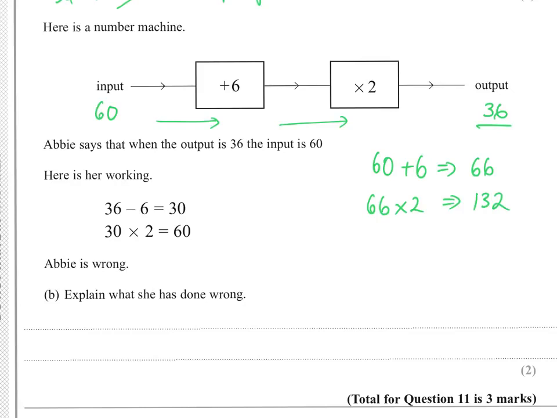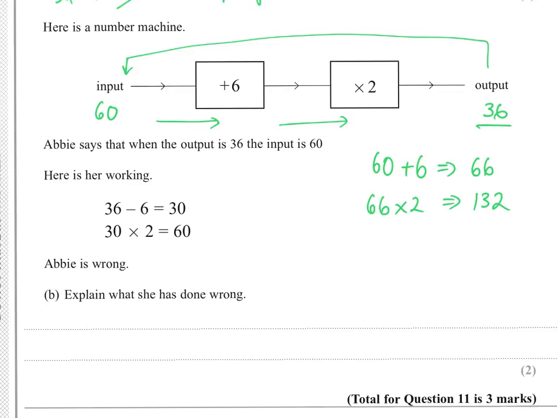So something has gone wrong, and what she's done is she's multiplied by 2 when she should have divided, and she did the reverse operations in the wrong order. To get back from 36 to 60, she should have done divide by 2 and then minus 6, whereas what she's actually done is minus 6, which is good in some ways, but she's definitely missed out the divide by 2. She's in fact done times 2 instead.